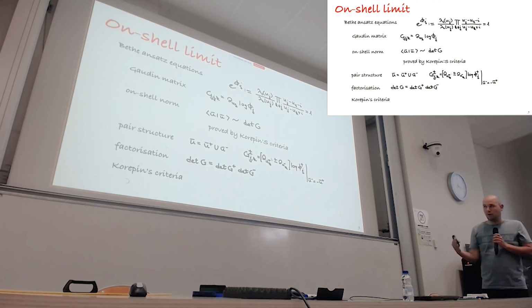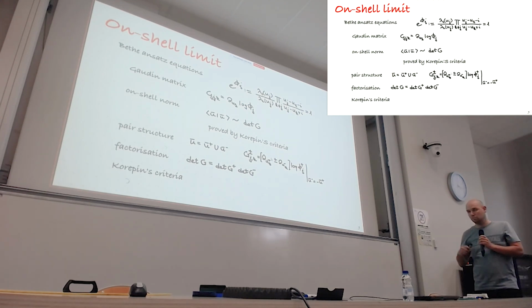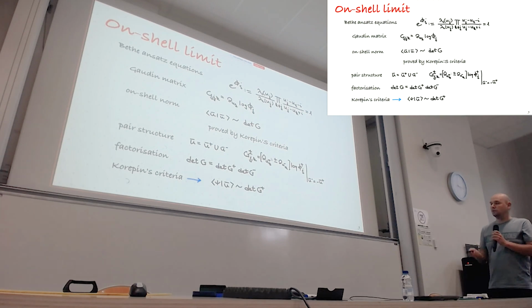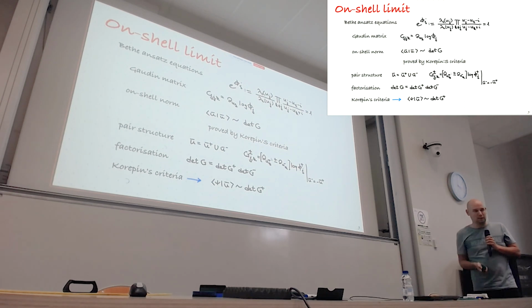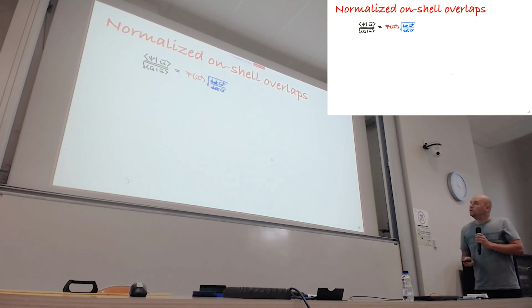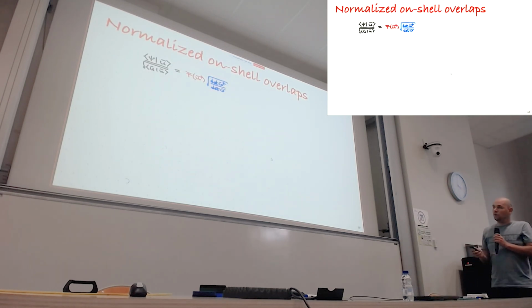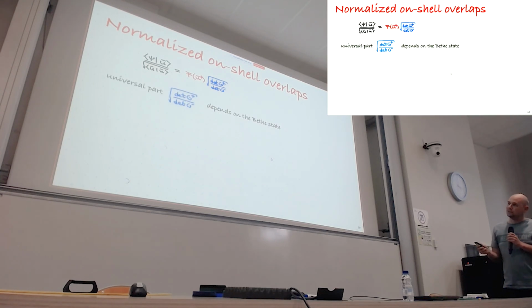And we can generalize the Korepin criteria for the boundary state overlap, and we can show that the on-shell overlap is proportional to this Gaudin-like determinant. The normalized on-shell overlap has this form, where this blue term, the ratio of Gaudin determinants, is completely independent of the boundary state. It depends only on the beta state.